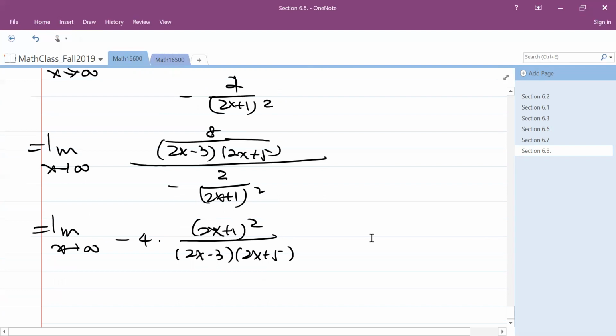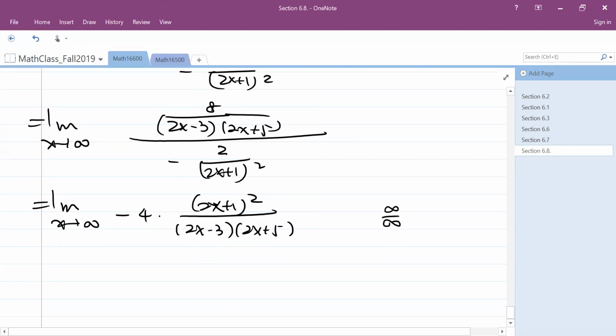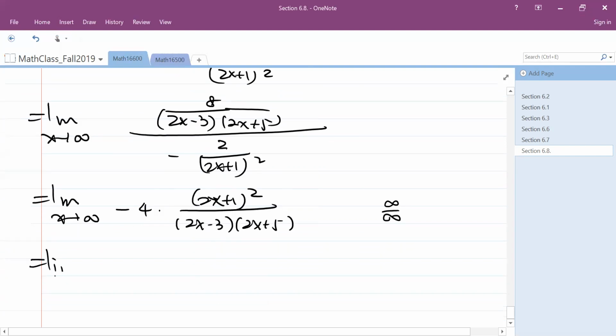But should you differentiate again? It's an infinity over infinity type again. I don't want to differentiate. It's too complicated. So I'll use the traditional method. I take 2x out, so I get 4x squared times (1 plus 1 over 2x) squared.